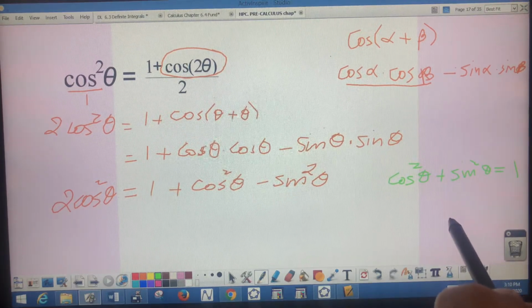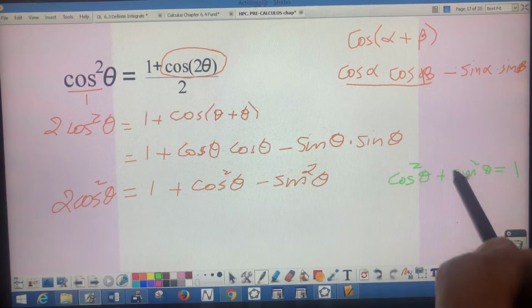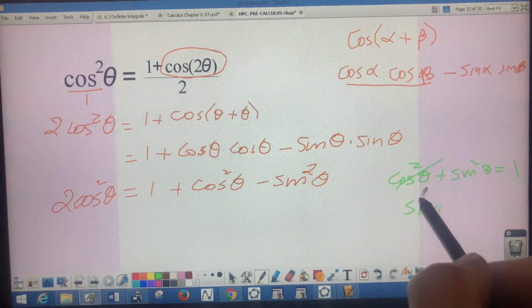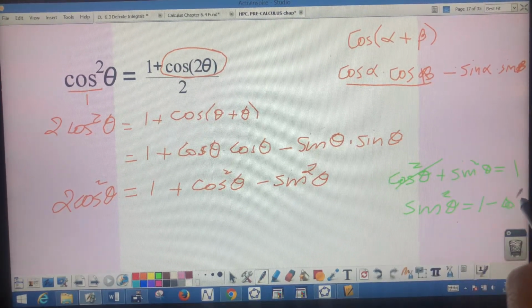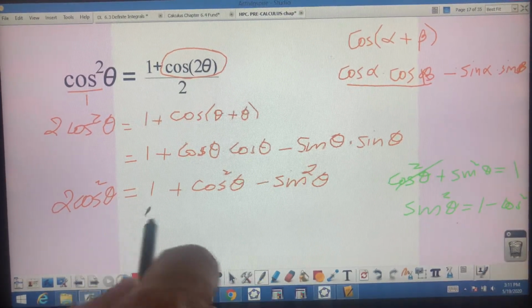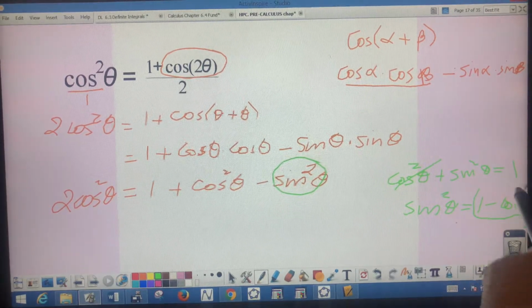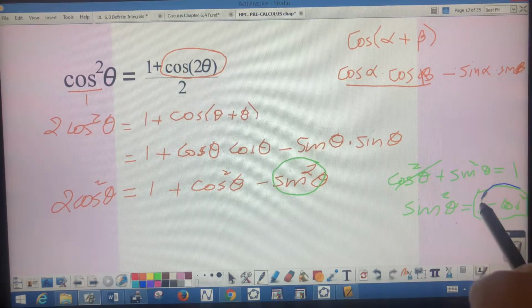What I need to do is replace the sine. So that means you're going to keep the sine by itself and subtract away your cosine squared. So your sine squared must equal 1 minus cosine squared. We have done that so many times, I think. Okay. So this is going to be replaced with this. So that's my next move.